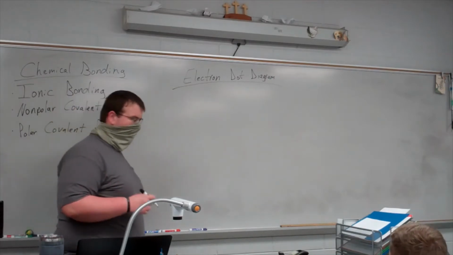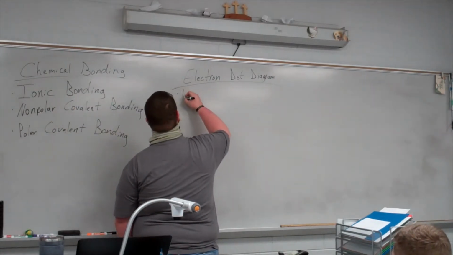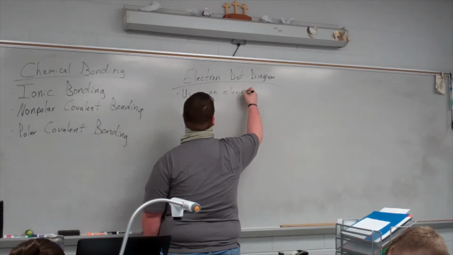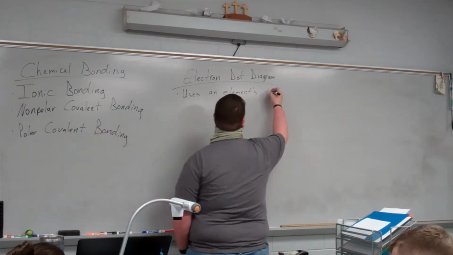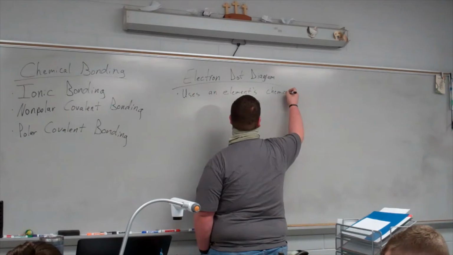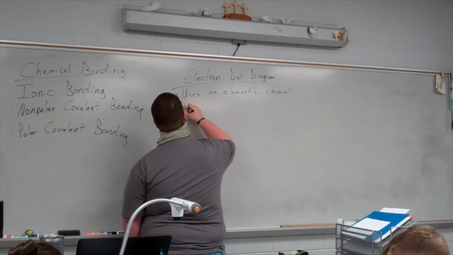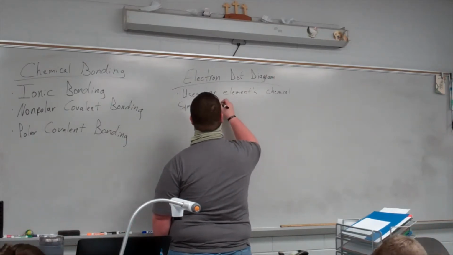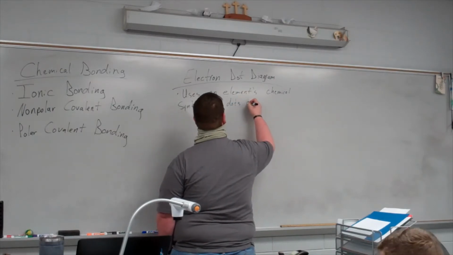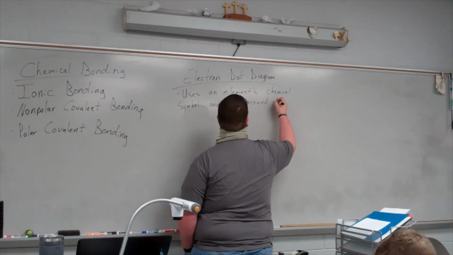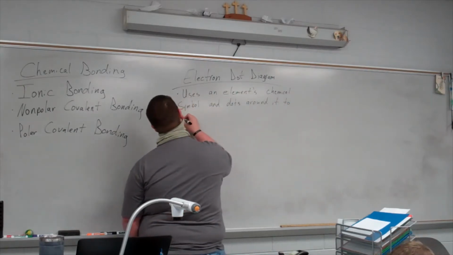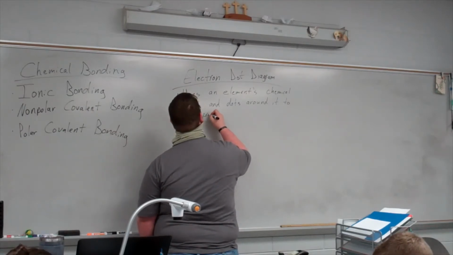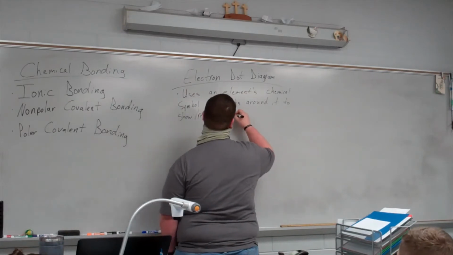The electron dot diagram uses an element's chemical symbol and dots around it to show, or represent, the valence electrons.